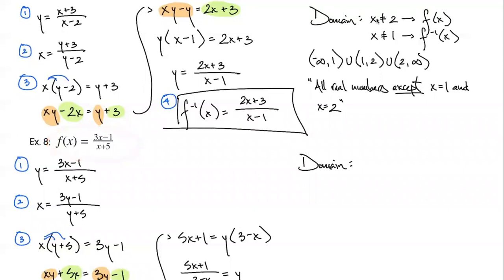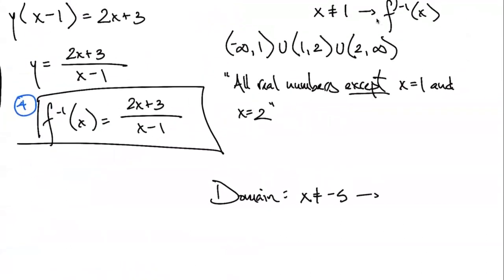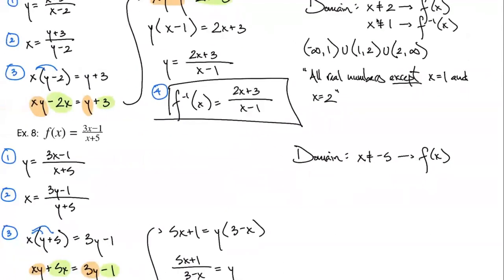And where our eyeballs need to go is the denominator, x plus 5. What makes that 0? Well, x cannot equal negative 5. If x equals negative 5, that's going to make the denominator of the original function 0, which means the original function is undefined.